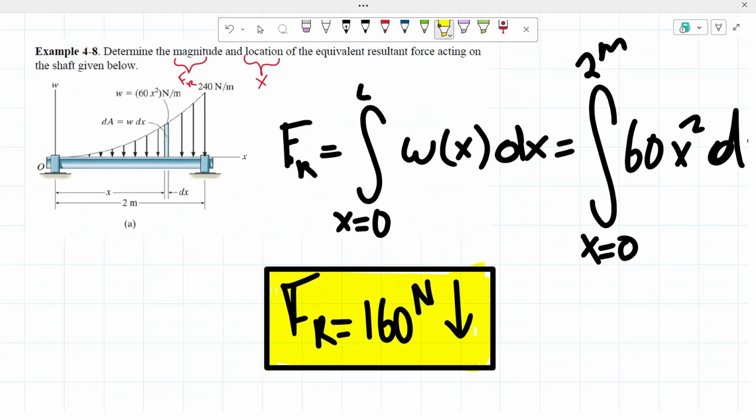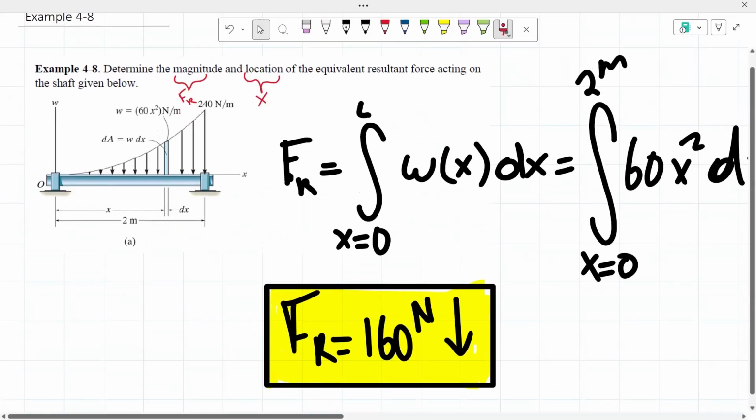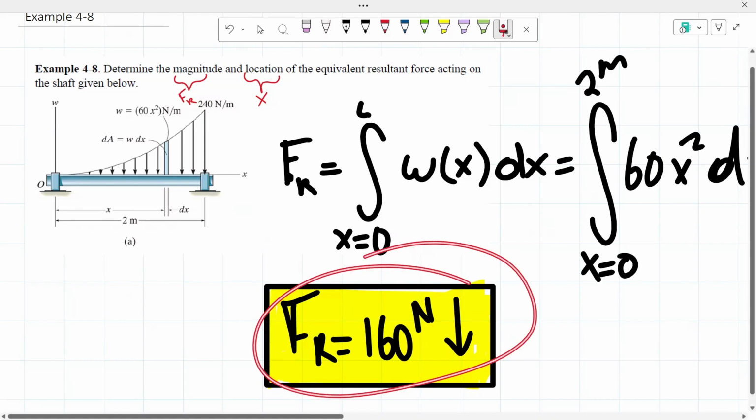Now for the location of the equivalent resultant force acting on the shaft, to solve for that, we're going to be using a different equation. This was the magnitude of the equivalent resultant force.